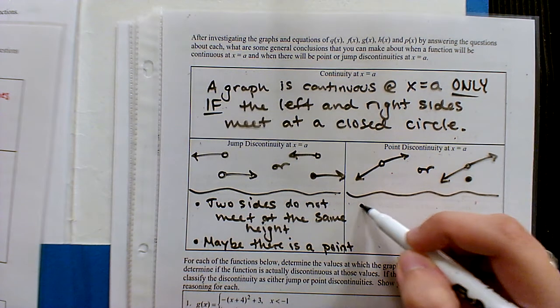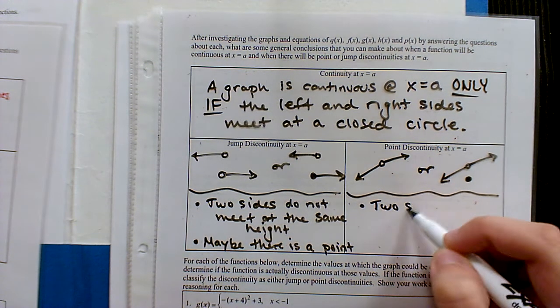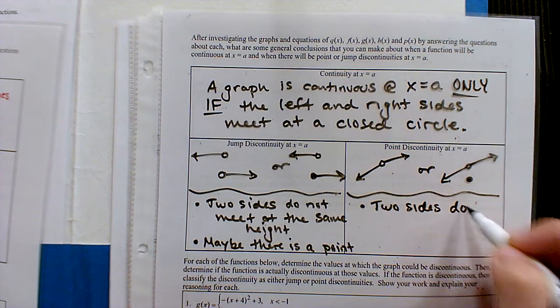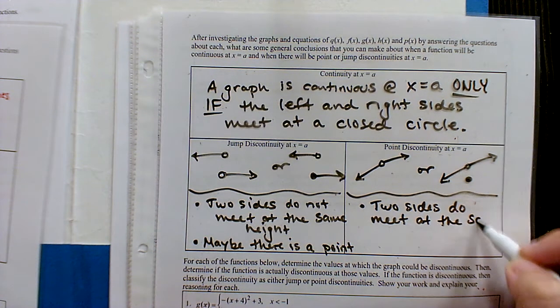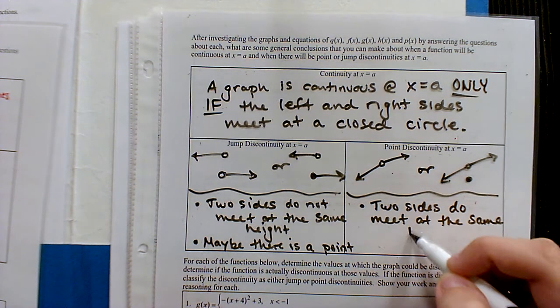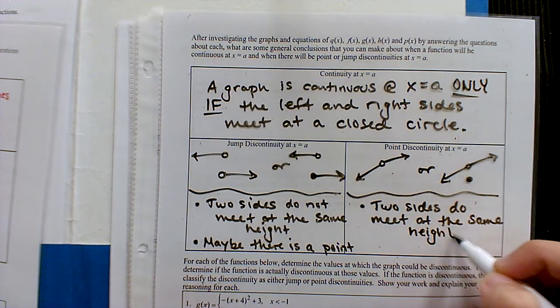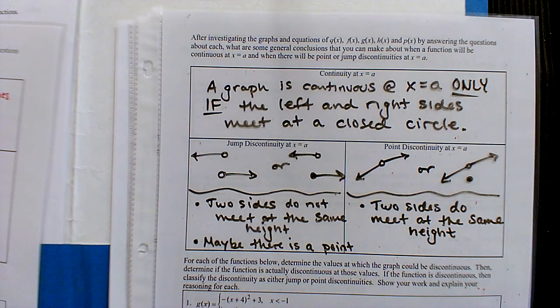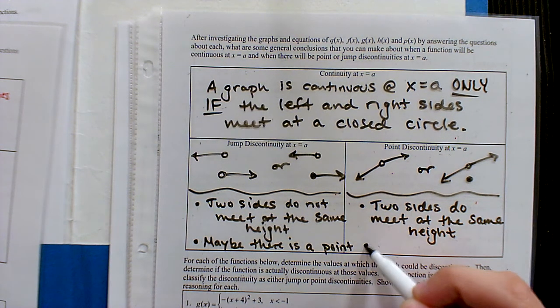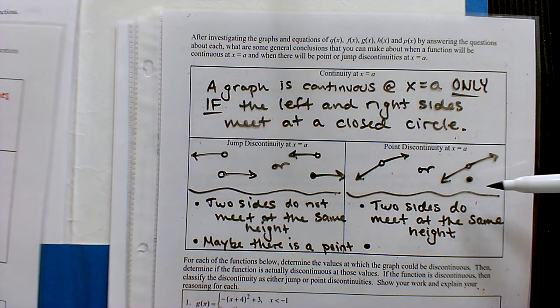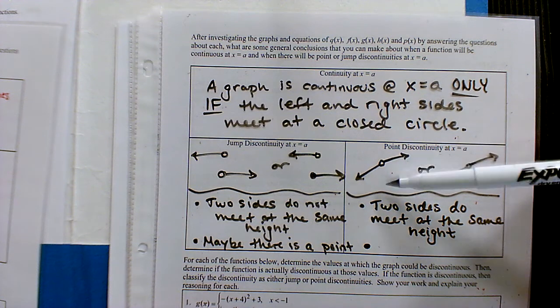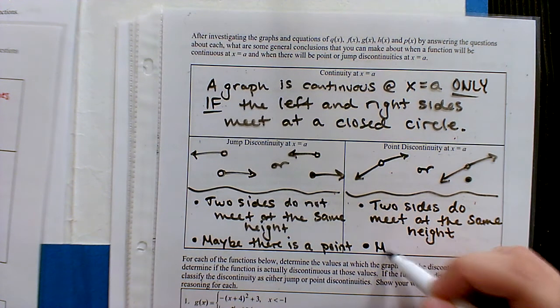Okay. For the point discontinuity though, the two sides do meet at the same height. But the same thing's kind of going on here. Maybe we have a closed circle at a different height, or maybe we don't have a closed circle at all.